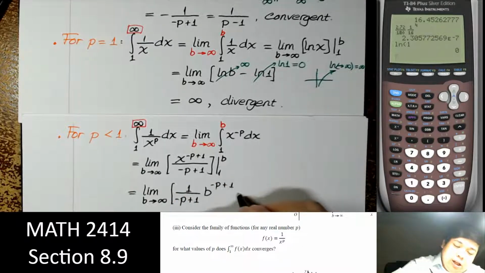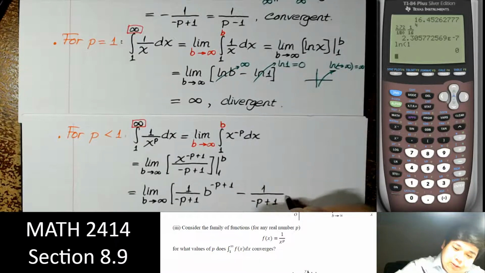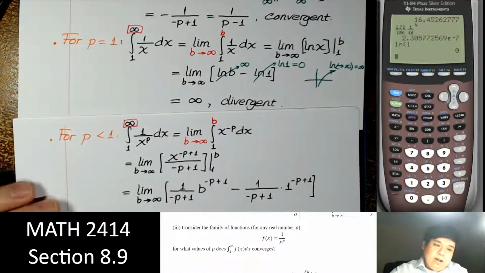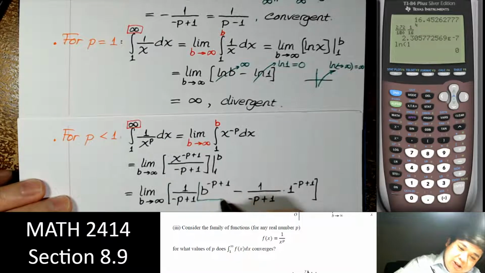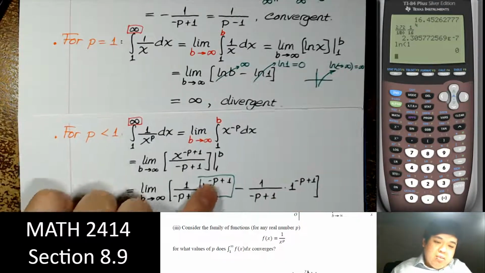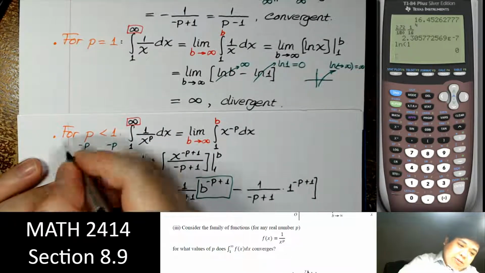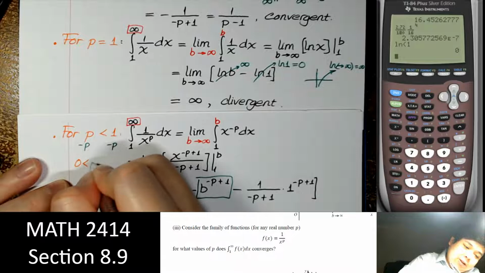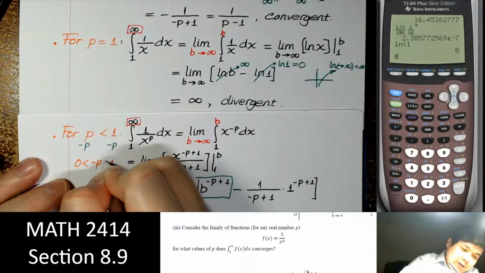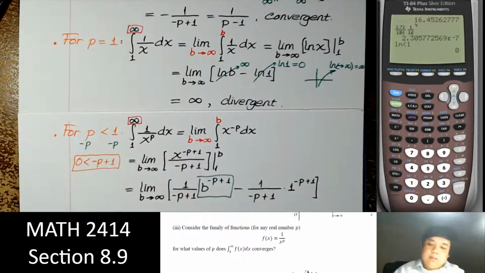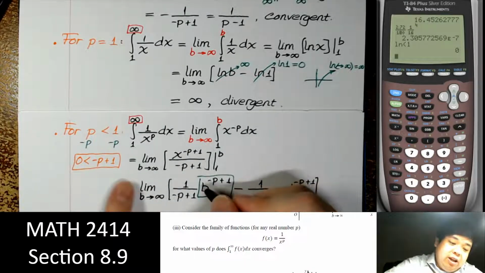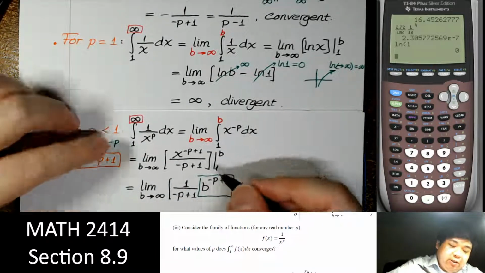So put in b and put in 1. Now, what is this? So this is negative p plus 1, so I actually have to subtract p on both sides. What we have here is that negative p plus 1 is positive.